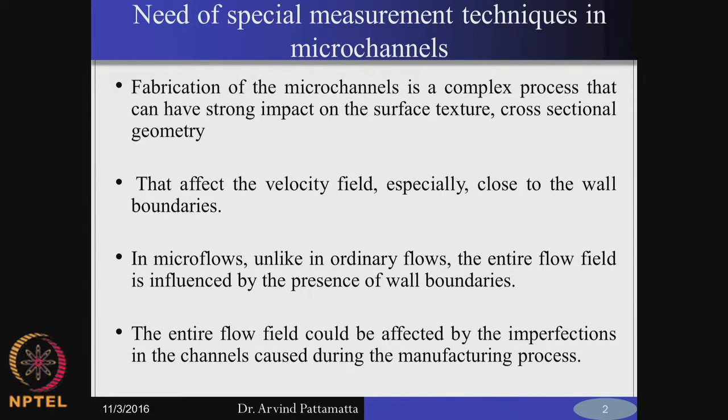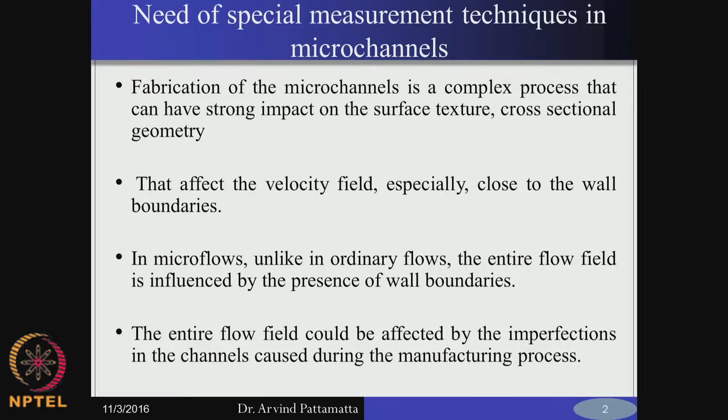You cannot avoid surface roughness, which could be of the order of a few microns, and the diameter or depth of the channel could range from a few tens of microns to hundreds of microns. This is the order of magnitude of micro channels that you can currently fabricate.